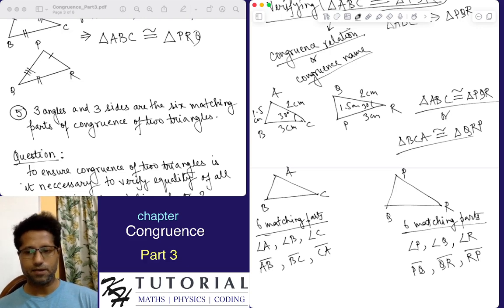So when I say comparing, it also means that we are trying to match. So three sides and three angles are the 6 matching parts of congruence of two triangles.